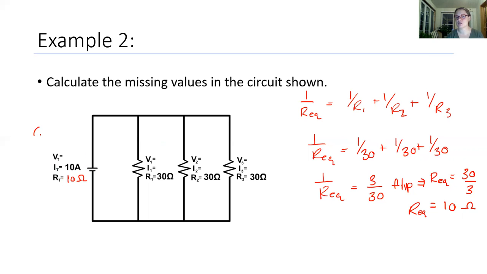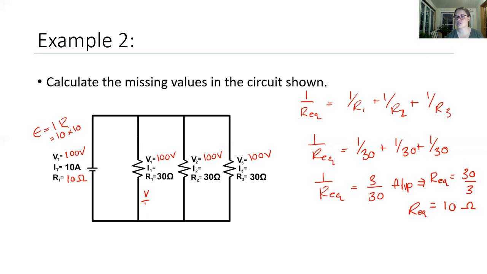Voltage, so E equals IR, so voltage equals 10 times 10, which is 100 volts. Now that we know 100 volts there, voltage is the same everywhere. So we have 100, 100, 100. All right, now we can use Ohm's law here.